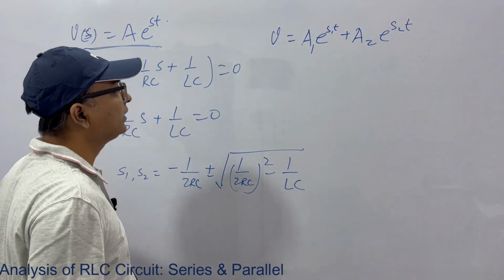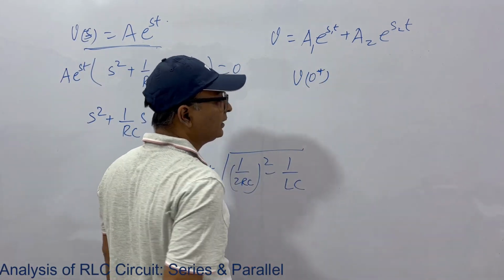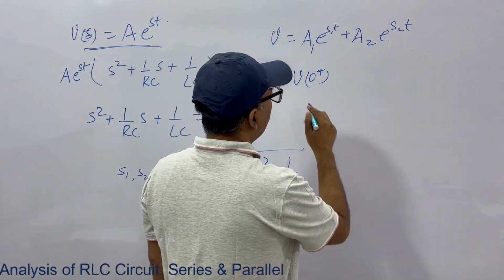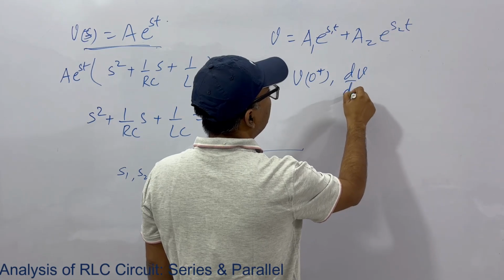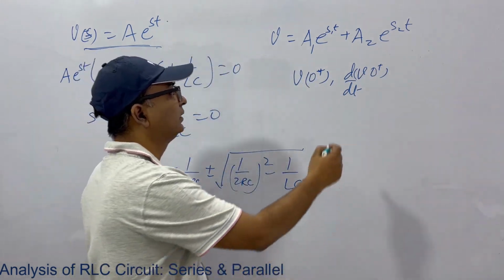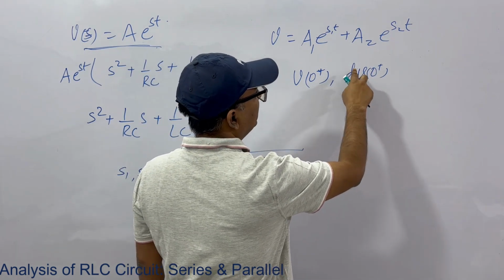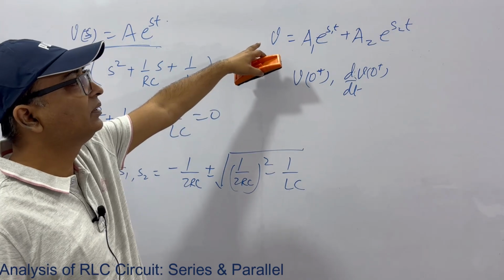But what we will require is the initial condition, that is V0 plus the charge on the capacitor at t equal to 0, and we will need d by dt of this V0 plus. That is what was the dV by dt at t equal to 0.